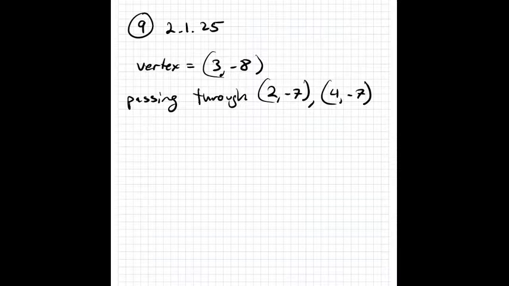So if we're doing the standard form of a quadratic, we have f of x equals a times x minus h squared plus k. So this is the vertex. This is our h and our k. I'm going to choose the point on the left because the number is smaller. So I'm going to plug in x and y.